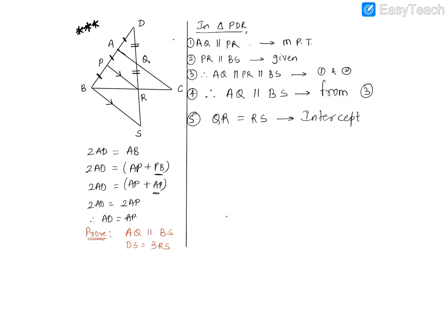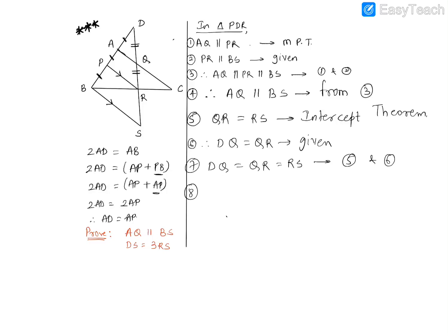You already proved the 3 lines parallel, and because the 3 lines are parallel and one pair of intercepts are equal, the others are also equal. Now the sixth statement: DQ is equal to QR, which is given in the question. Then the seventh one: DQ is equal to QR, but QR is equal to RS. The reason is from 5 and 6.